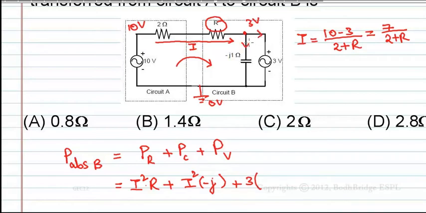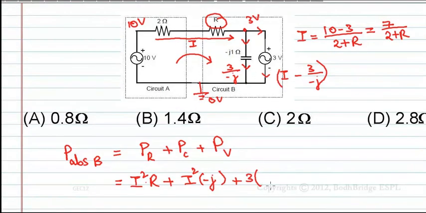The current flowing inside the capacitor is voltage by resistance, 3 by minus J. And the current flowing inside this is I minus 3 by minus J. Therefore, V into I is 3 into I minus 3 by minus J.